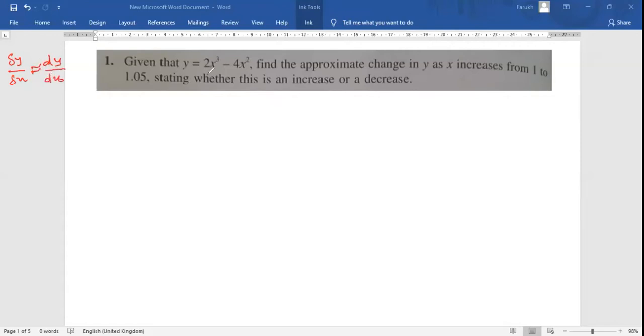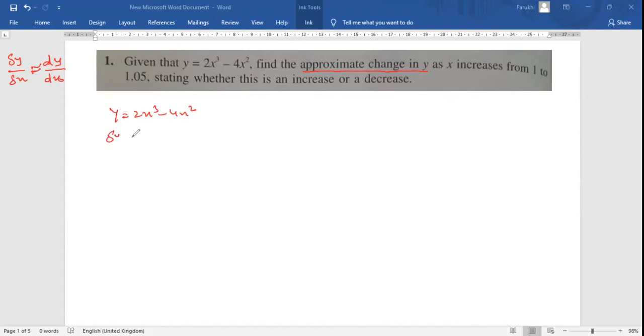Now the question is given that y is equal to 2x cube minus 4x square. Find approximate change in y.